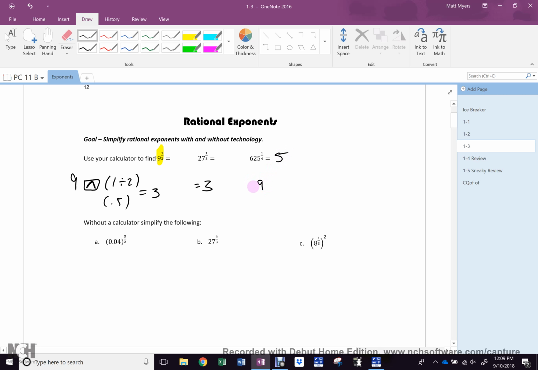9, the square root of 9 is 3, and 9 to the 1/2 is 3. So that tells you if square root of 9 is 3 and 9 to the 1/2 is 3, what do you know about the square root of 9 and 9 to the 1/2? They are both 3, which means they equal each other, right?